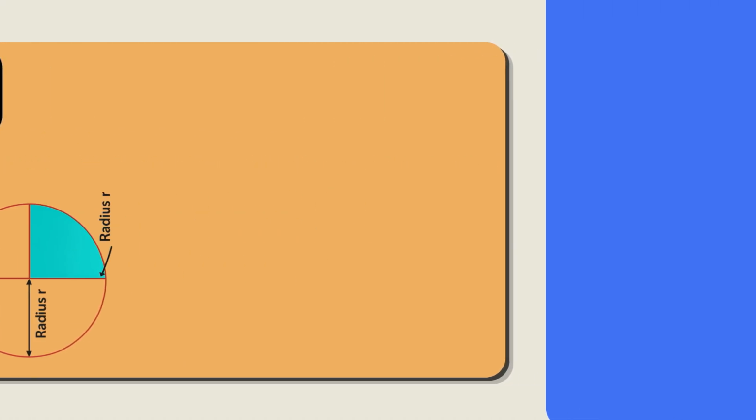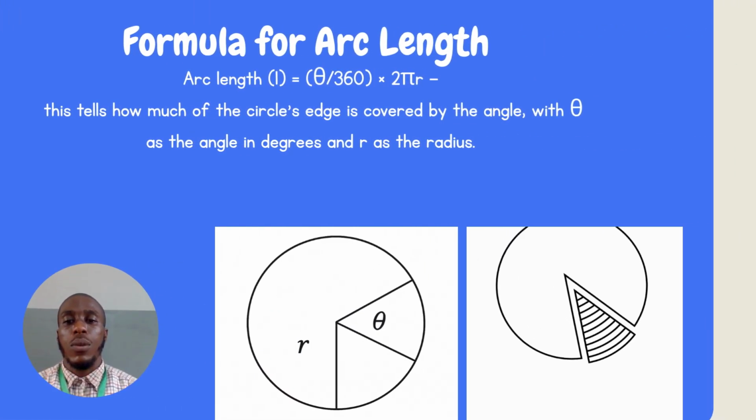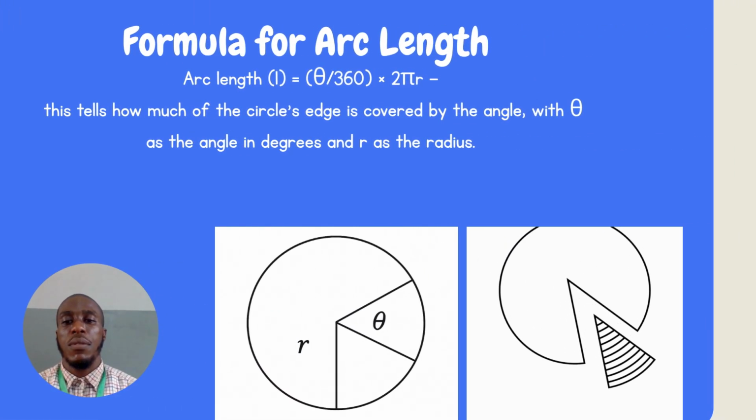Okay, in continuation from the previous slide, we are discussing the formula for the arc length. The formula is theta times 2 pi r over 360, or theta divided by 360 times 2 times pi times r.